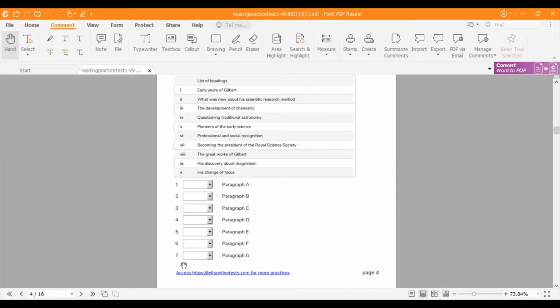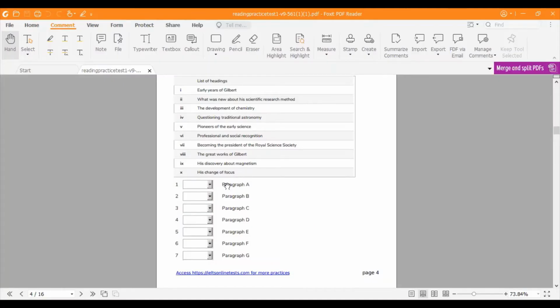So 2 or 3 headings will not be included. You will try to search for them, but you won't be able to find them. Nothing to worry about. It's okay, because 1 or 2, or maybe 3, you will not find in the paragraphs.